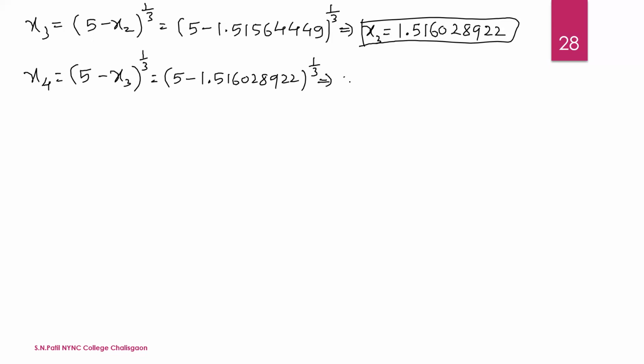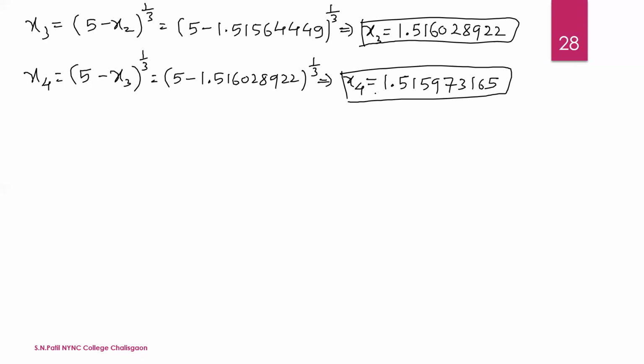So we get x4, that is the fourth iteration, 1.515973165. Okay, now we stop here. We just perform the 4 iterations here.